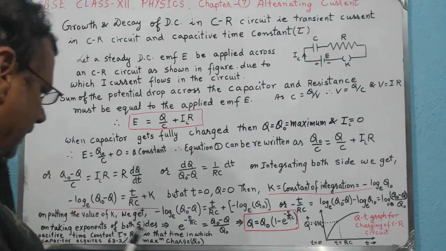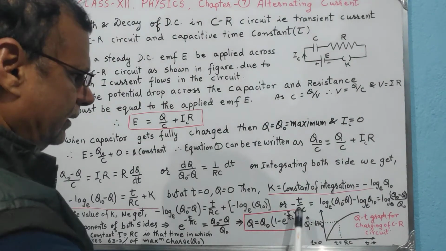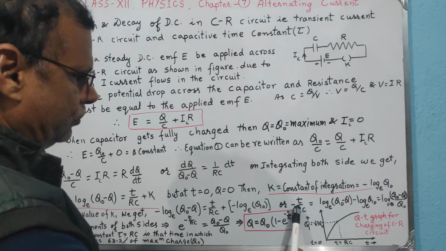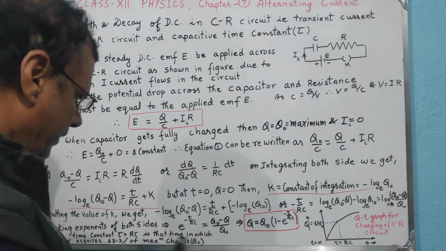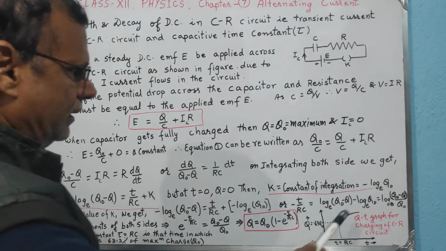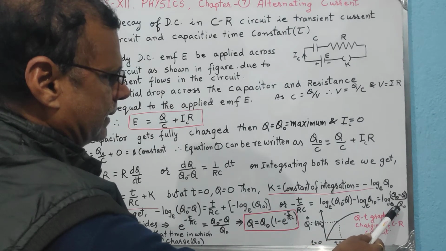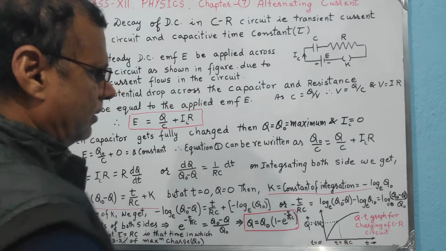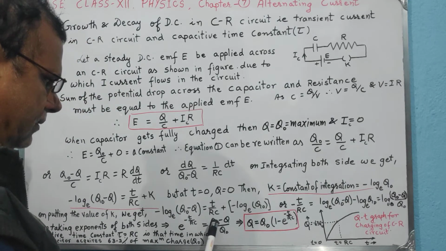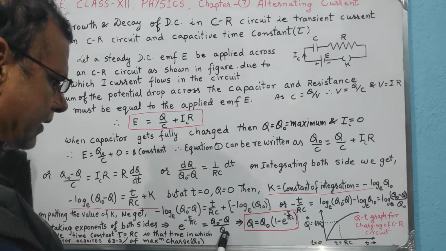On taking the exponent of both sides, we have e to the power minus t by RC on the left hand side, and on the right hand side the exponent and log vanish, so we get Q0 minus Q by Q0.